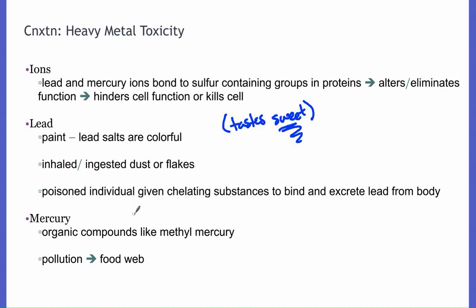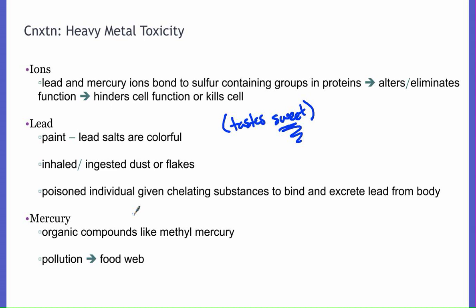There's a reason why in my lab, in the chem lab here at school, I can't really use mercury thermometers. I'm not supposed to, at least. I have a few and I like them because they equilibrate very quickly. But when it's all said and done, if one of those breaks, it costs a lot of money to clean up that spill. So mercury is something that we worry about.